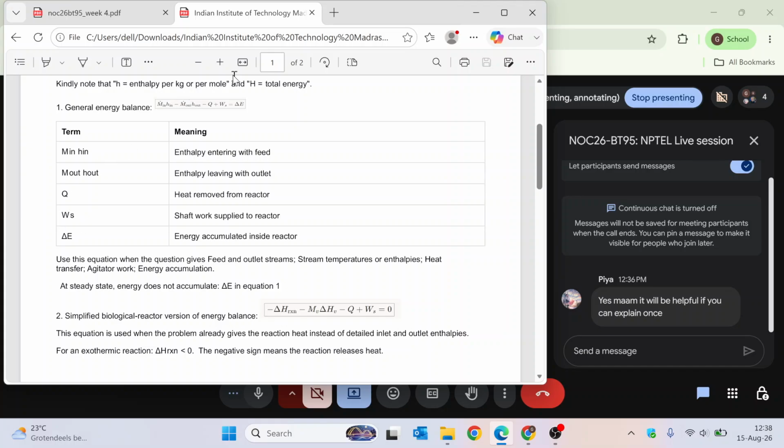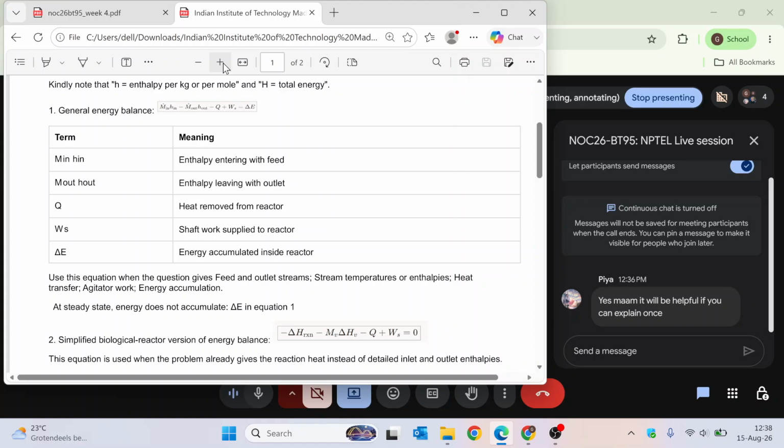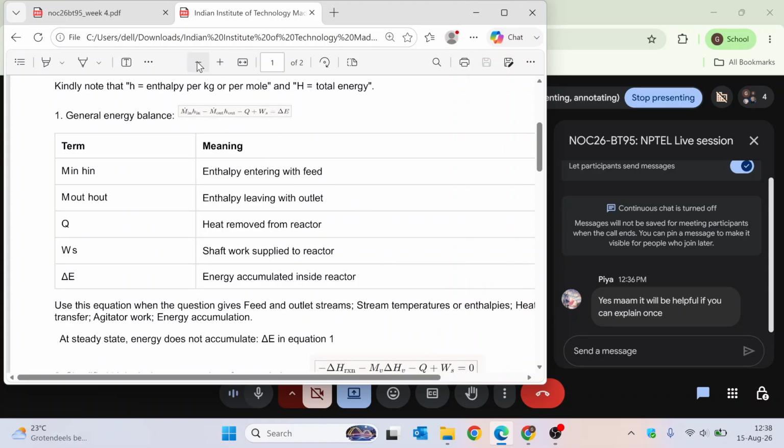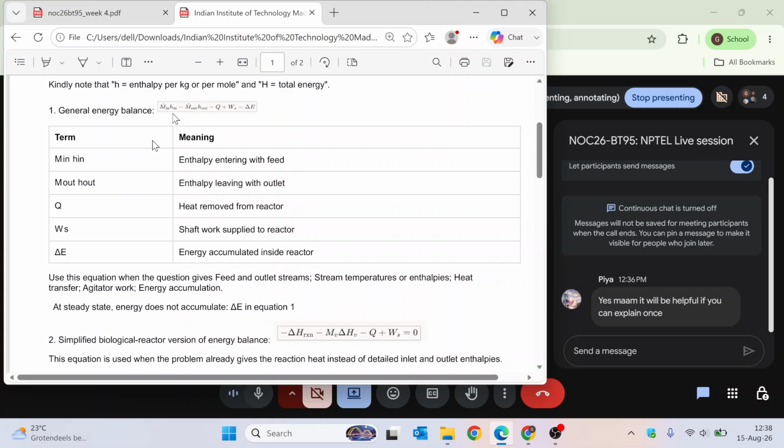Okay, so the general energy balance equation is your mass that is getting into the reactor times the specific enthalpy. Let's say some 20 kg is going inside. You know the enthalpy per kg, then obviously you will multiply. So that's the very basic concept.